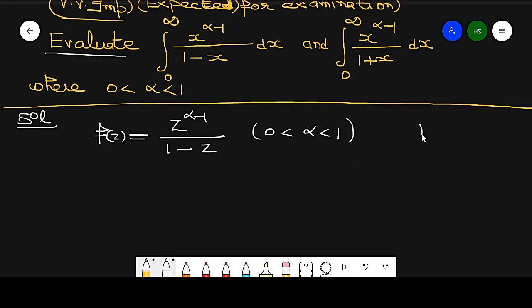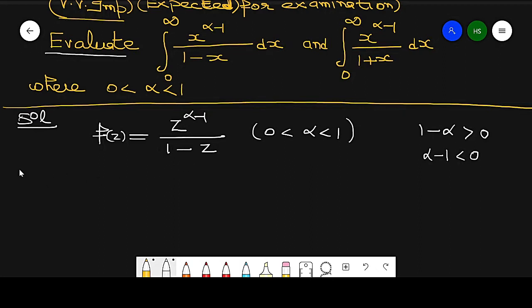So it means 1 minus alpha is positive. If this is positive, then this z is at this place. And alpha minus 1 is negative, so this is at this side.